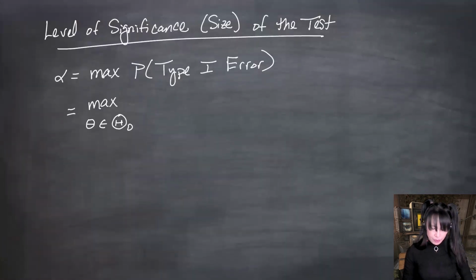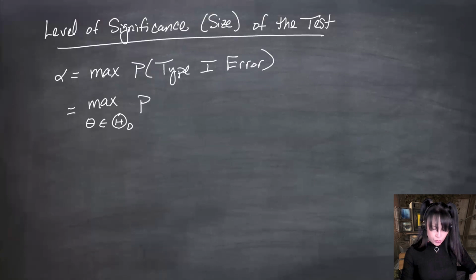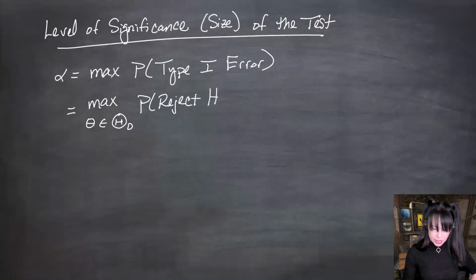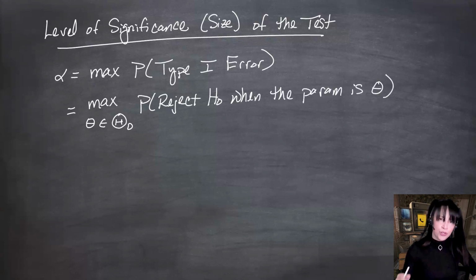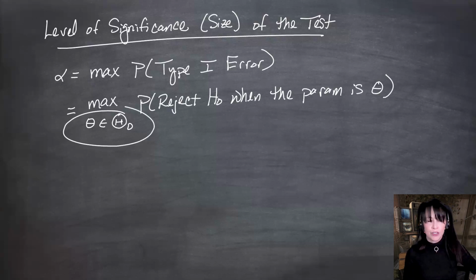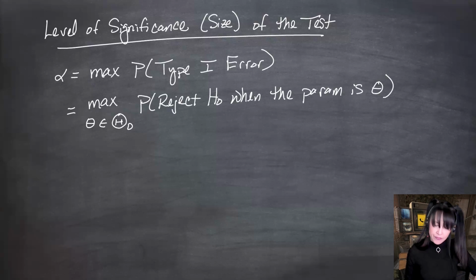Okay, so type 1 error, the probability you reject the null hypothesis when you shouldn't. And I'm just going to say when the parameter is theta, and the when you shouldn't, because the null hypothesis is true, is taken care of back over here, because those are the thetas we're looking at.